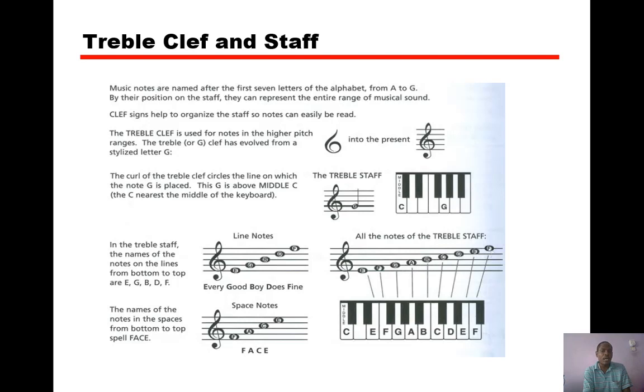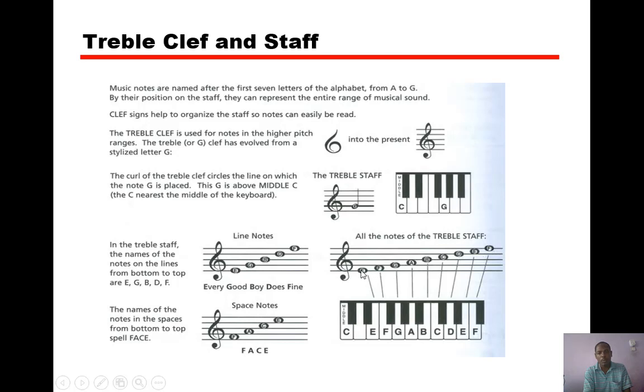It means there is another note that can come after this F called G, because we move from F to G. But for now, we are only looking at up to the 5th line. If we go above the 5th line, we can have another note, which is G.